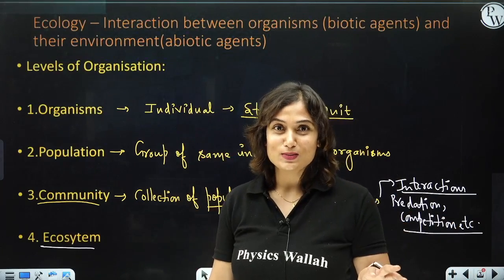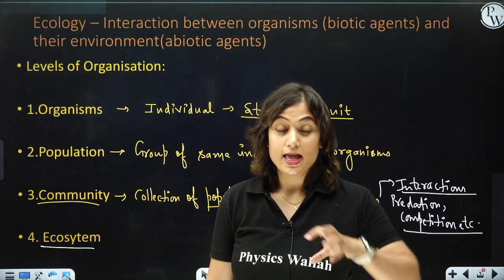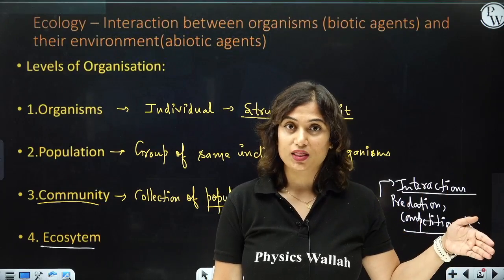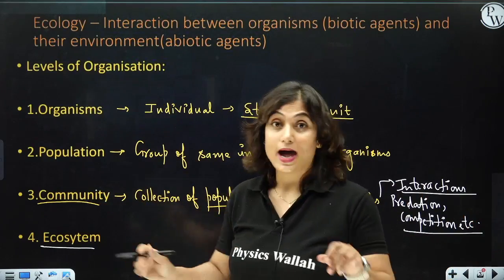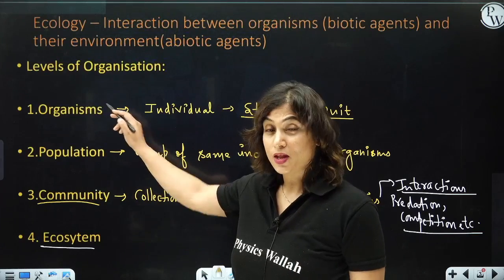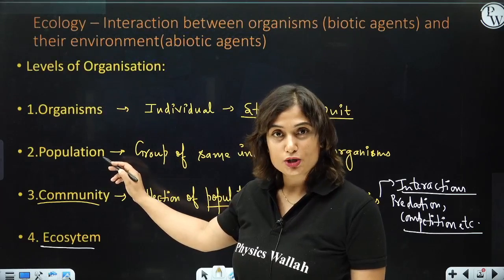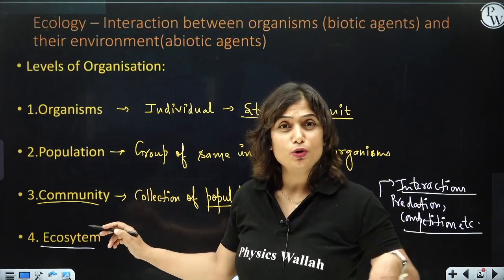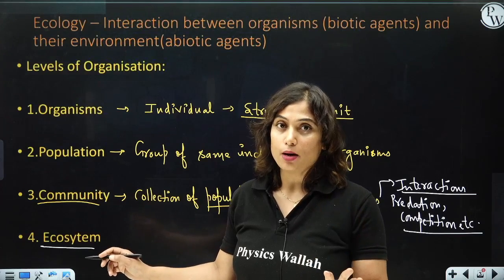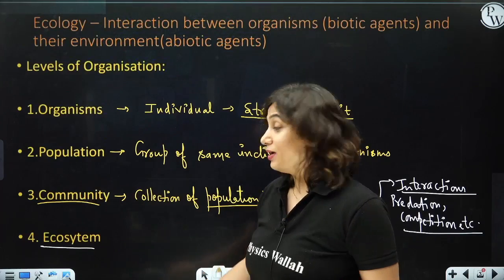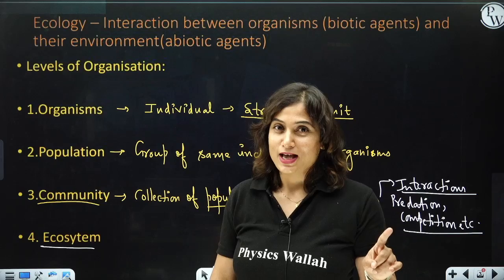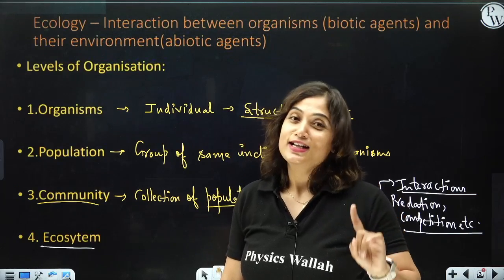Ecosystem is a place where the biotic components, the organisms, interact with the environment. Up till now, I have not talked about the external environment. Organism, then a group of organisms is a population, and a group of different populations is a community. So up till now I have been talking only about biotic agents, but the ecosystem is the first level where I talk about both biotic and abiotic agents.